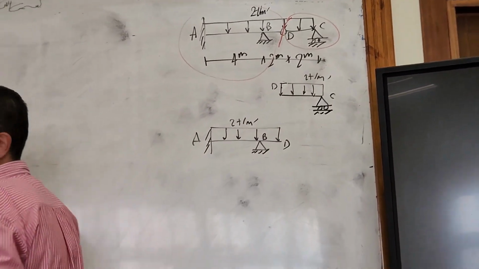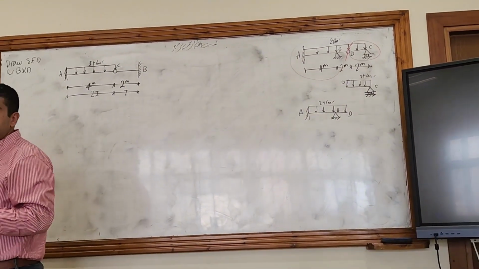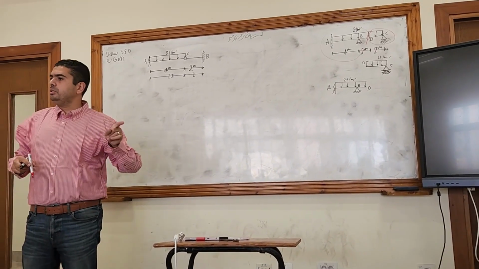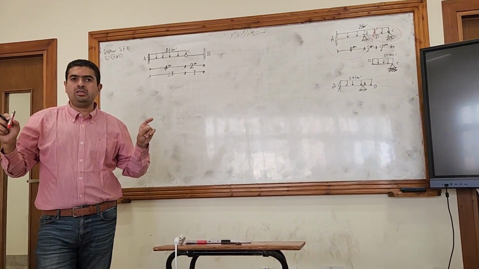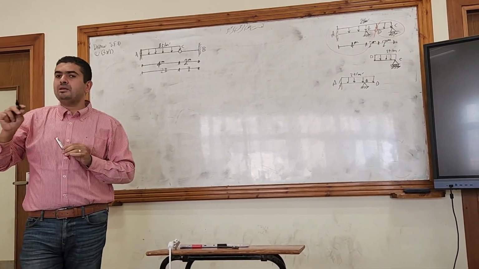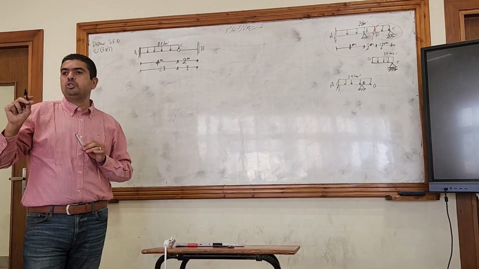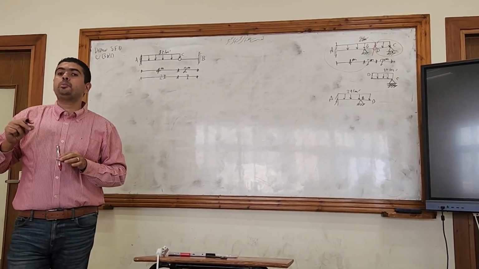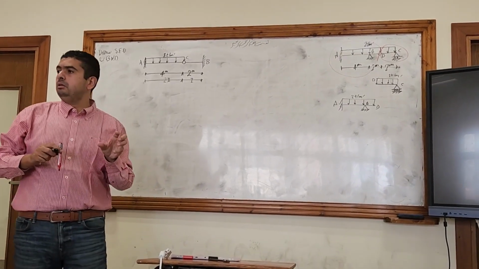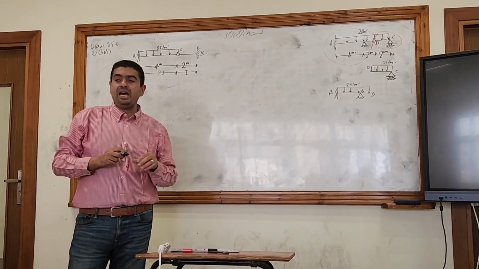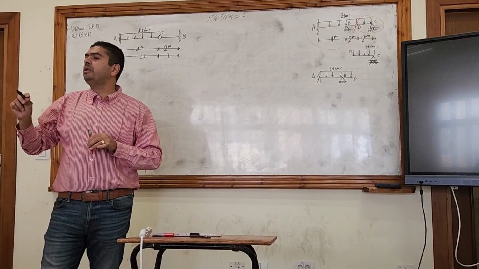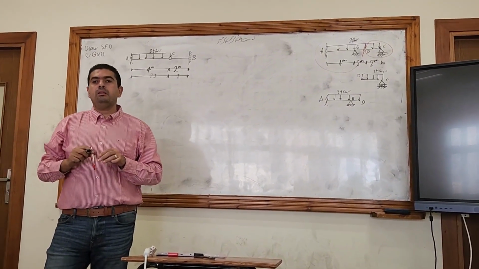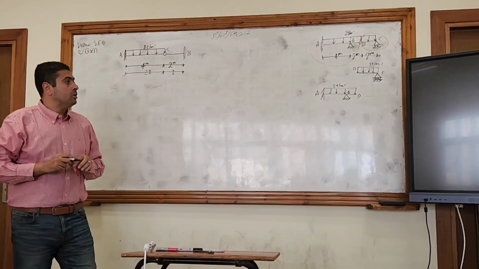Now, can you tell me which of these two parts is holding the other part? Or, in other words, which part is the main and which part is the secondary? In other words, which part is stable, that's the main, and which part is unstable, that is the secondary, okay?